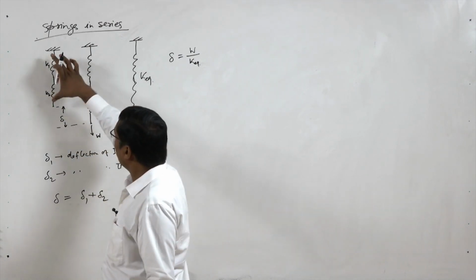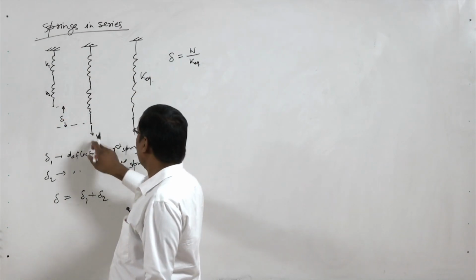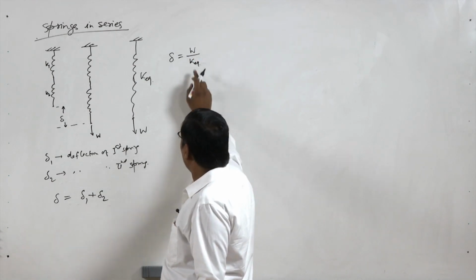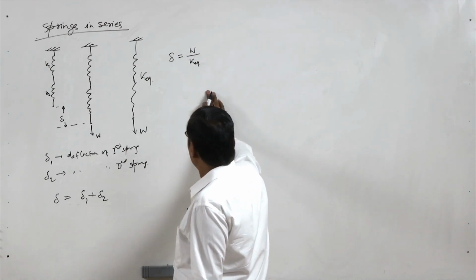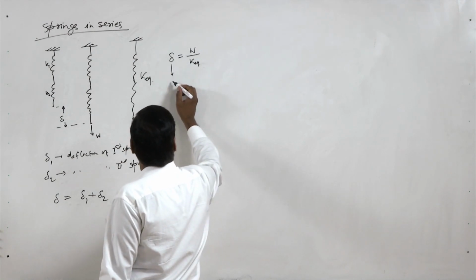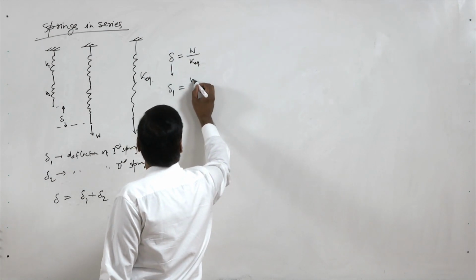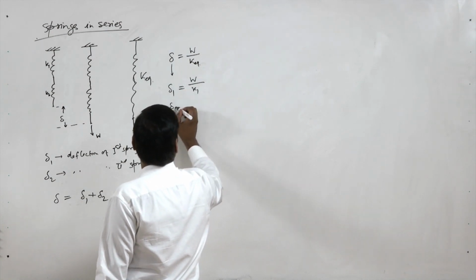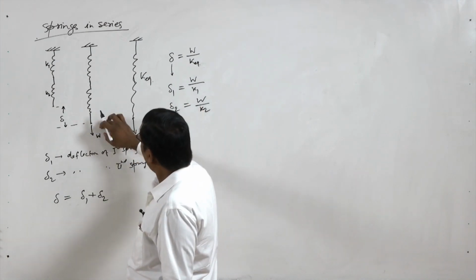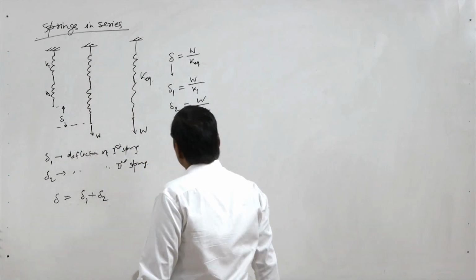It means the internal doesn't matter, if I apply the same force W, I get the same deflection from this spring. So the relation delta equal to W by K equivalent is true for this. Now we can also write delta 1 equal to W by K1 and delta 2 equal to W by K2, because the same force W is acting on each spring, because they are in series.